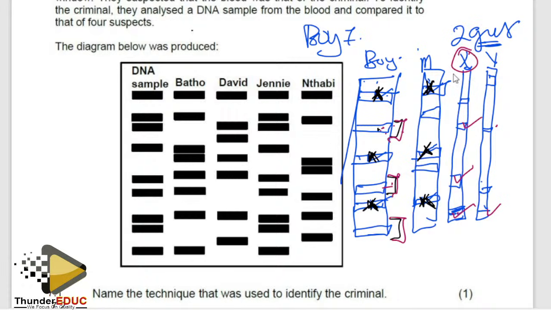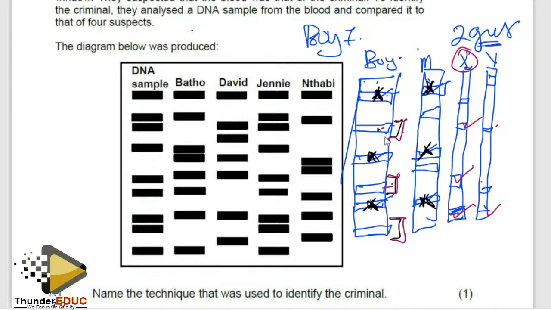Explain your answer. Why are you saying that X is the father? X is the father because the remaining bars of the boy which do not correspond with the mother correspond with this guy X. All the remaining, the word "all" must be there.